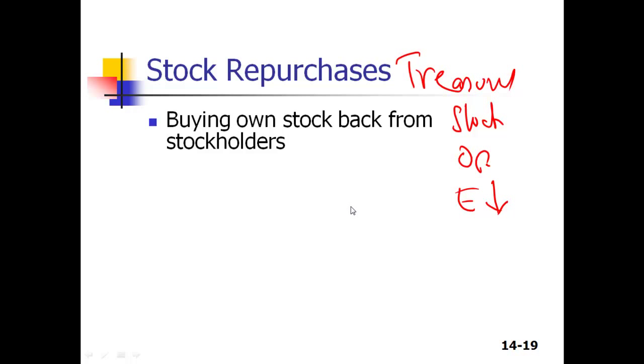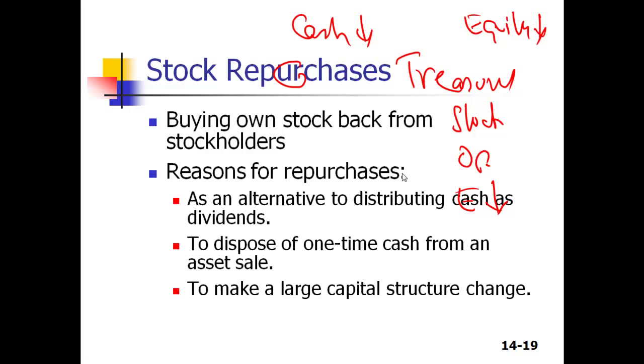So what's the basic accounting entry when you buy back shares? Does anybody know that? Yeah. So cash goes down and equity also goes down. So in a treasury stock operation, you are using your own company money to buy back shares. So your company money goes down and the equity goes down.